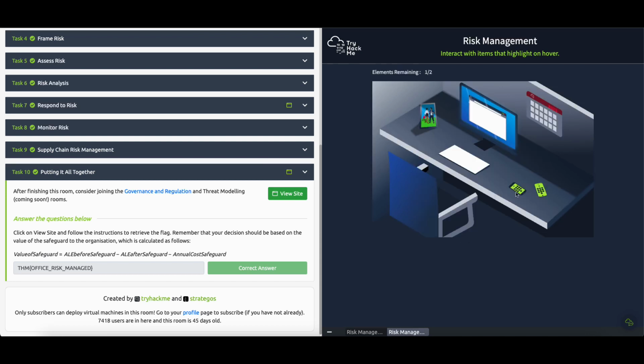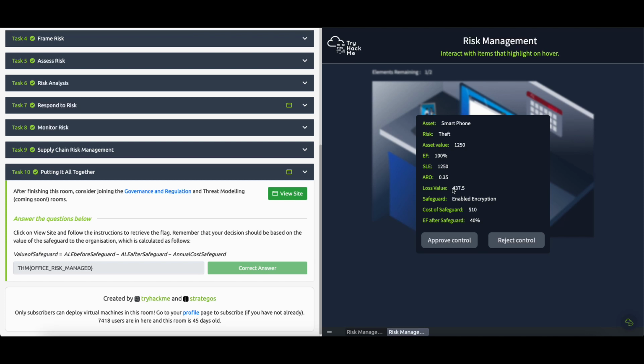And here we have some mobile phones. Let's click on it. Here the loss value is this one, and after the safeguard, cost of safeguard is this one, and EF after safeguard is 40%. Before the safeguard, EF was 100%. So EF is decreasing and cost is decreasing.